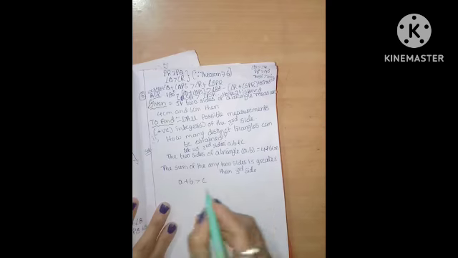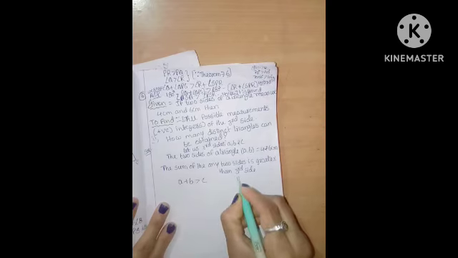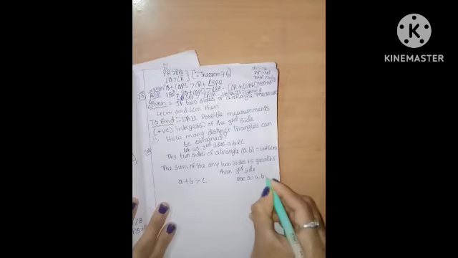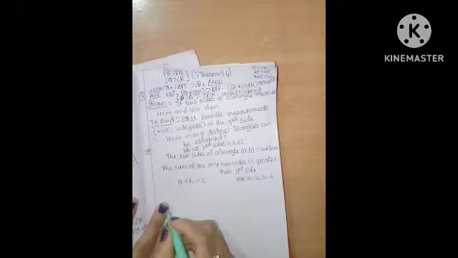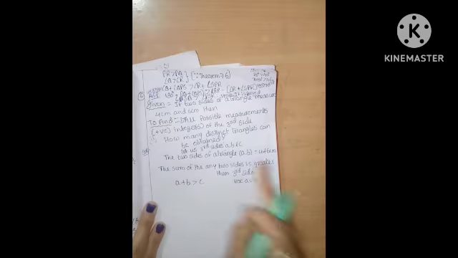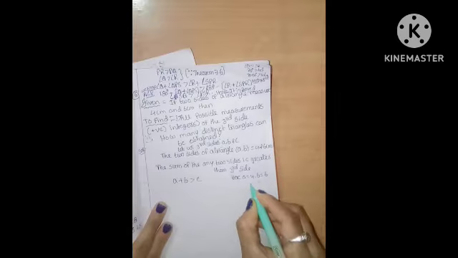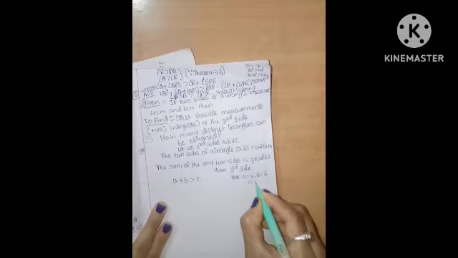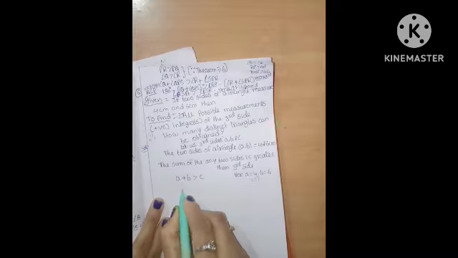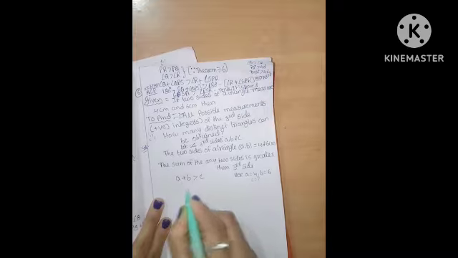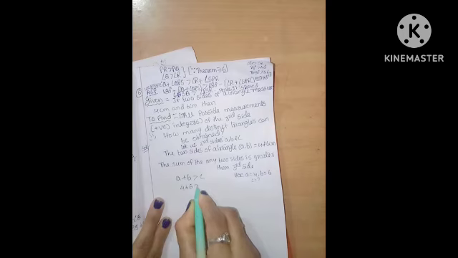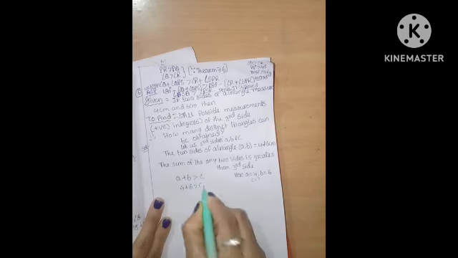Are you clear? Here A is equal to 4 and B is equal to 6. Next, what about the third side, C? Here A plus B is greater than C. It is nothing but 4 plus 6 is greater than C.